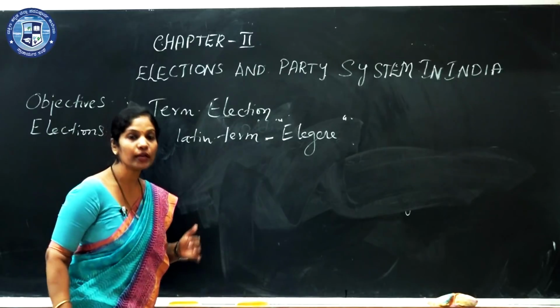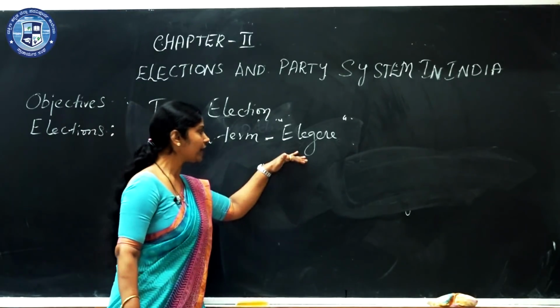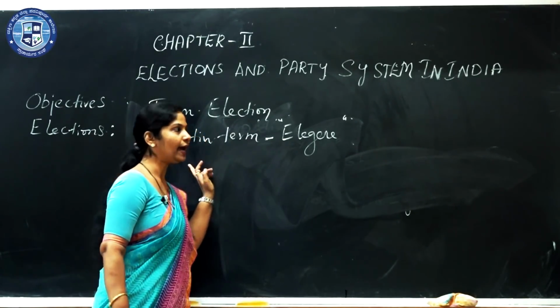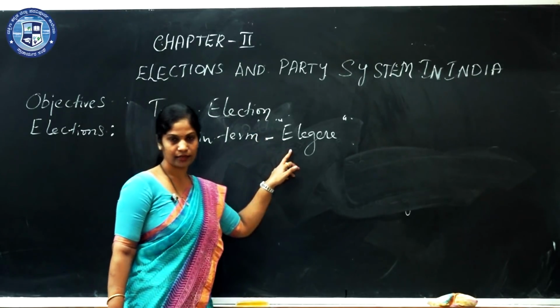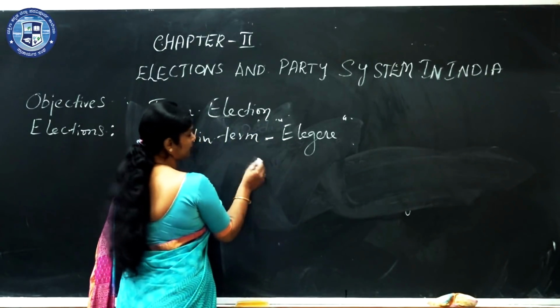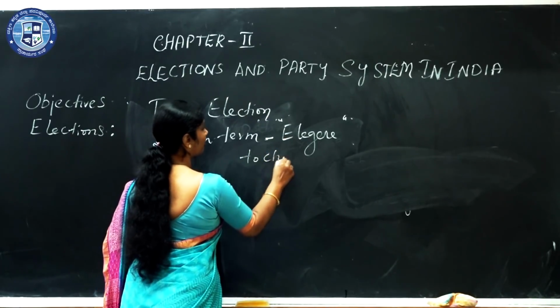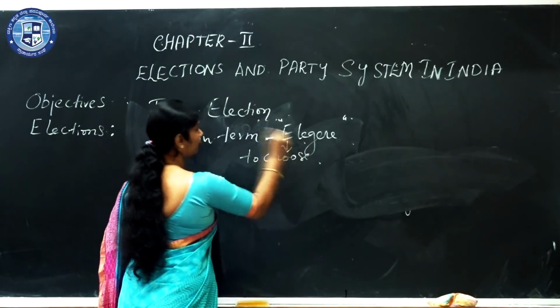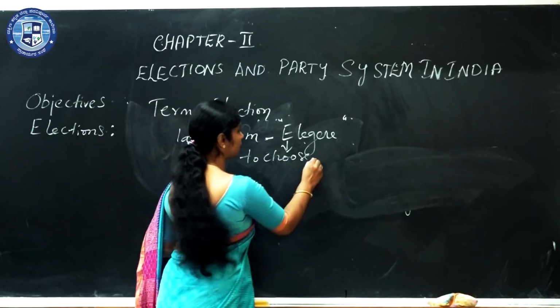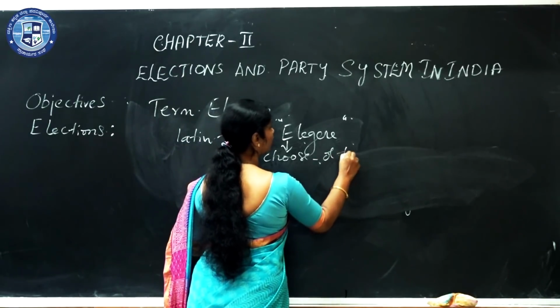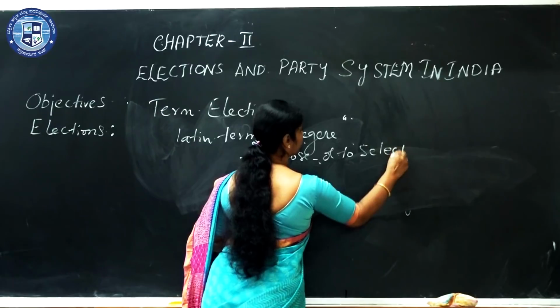Okay, the origin of the term election has been borrowed from the Latin term eligere. The meaning of eligere is to choose. The meaning of this particular term is to choose or to select.